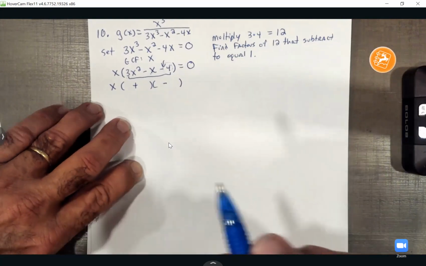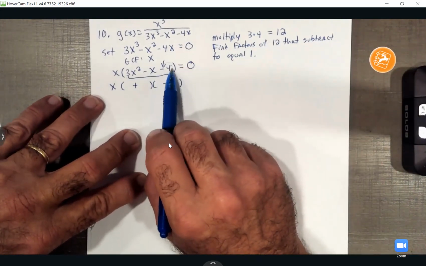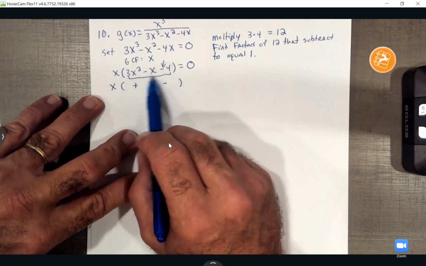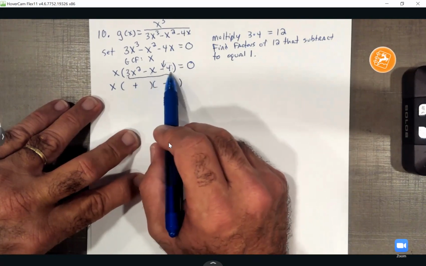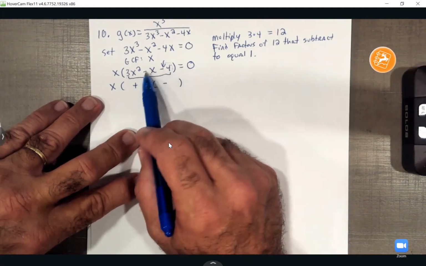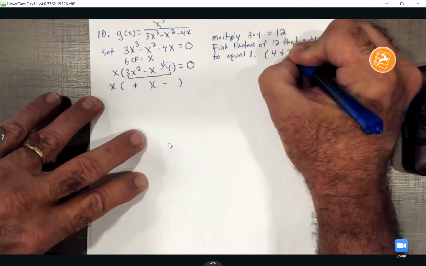So I'm still doing the stuff I did a while ago, but instead of just looking at the 4 for factors that give me 1, I'm looking at the product of the first number times the last. I'm looking at those factors of 12 that'll give me 1 if I subtract, and that would be my 4 and my 3, wouldn't it?